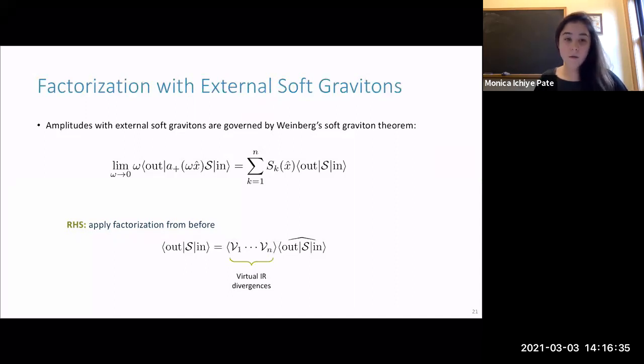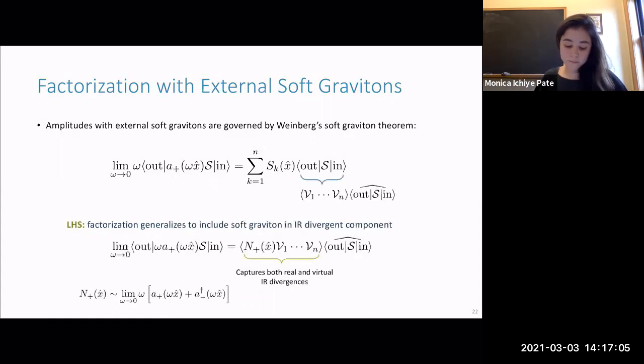And now if we want to study factorization, if we look at the right-hand side, this scattering matrix element has no external soft graviton, so we can just straightforwardly apply what we already learned about factorization in the last part. In particular, as I've already mentioned, the soft part is capturing all the virtual infrared divergences. And on the left-hand side, factorization generalizes to include the soft graviton in the infrared divergent part.